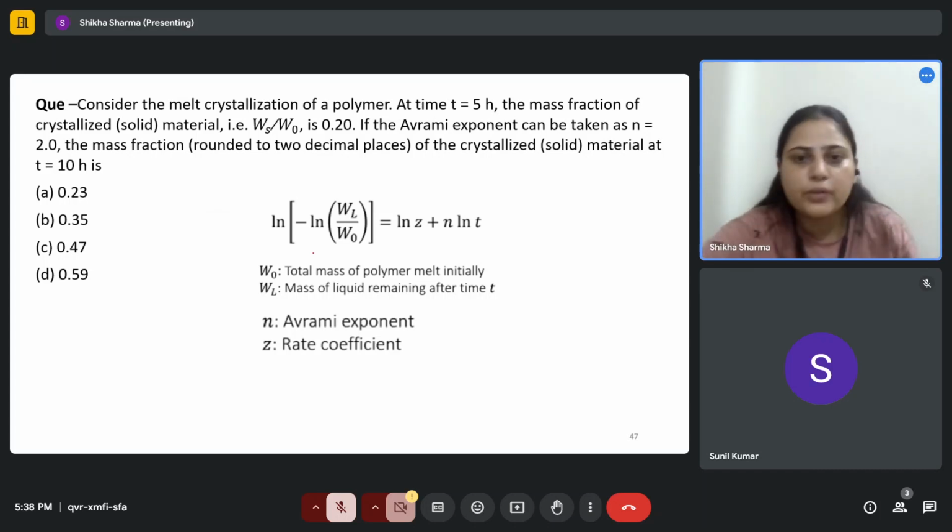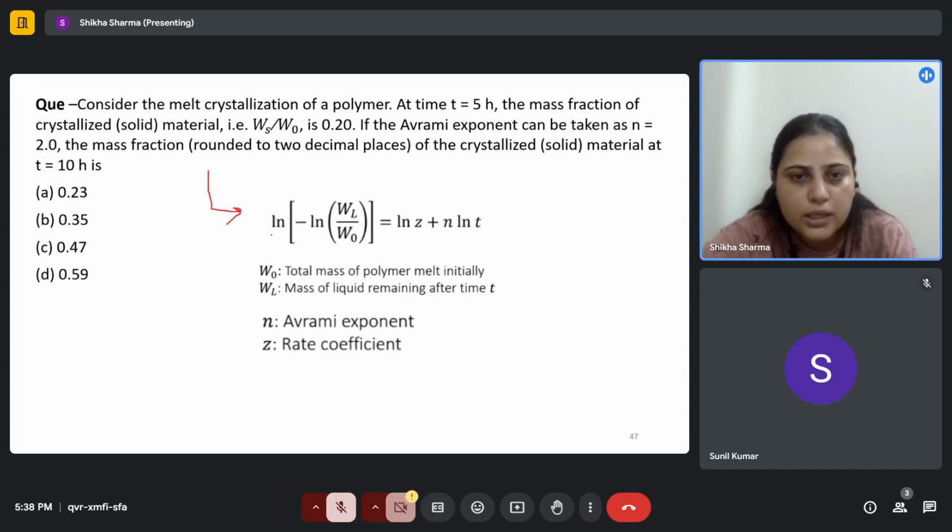So we know that for a melt crystallization of polymer, we have this Avrami equation as ln of minus ln Wl by W naught equals ln Z plus n ln t. So here W naught is the total mass of the polymer melt initially.